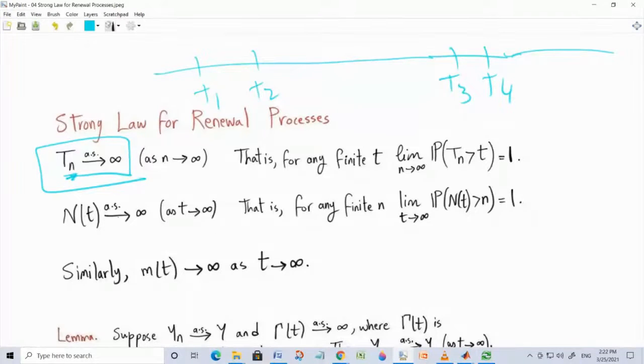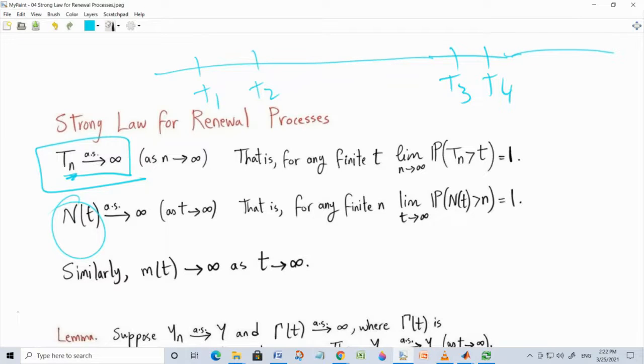Also, N(t) converges almost surely to infinity as t goes to infinity. So N(t), the number of arrivals in the system, grows without bound. It is an arrival process, and you keep counting those arrivals, and they will keep coming and coming.